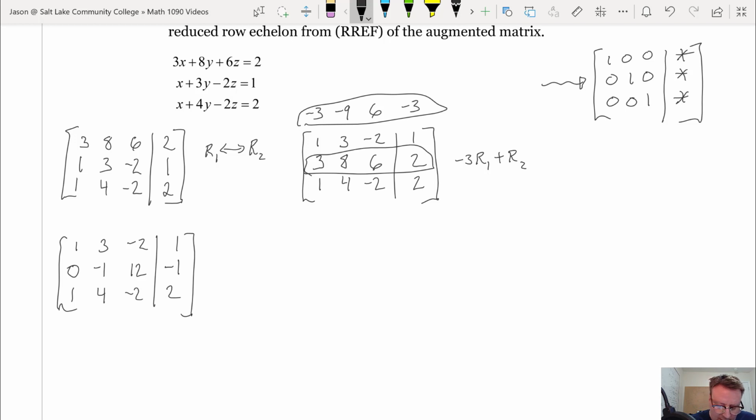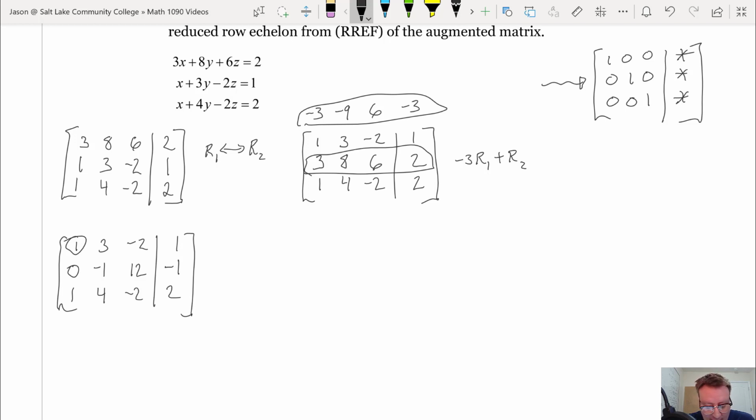Now, my next goal is I want to clear out this 4, and I want to clear out this 1. Here's an important little point when doing this. The sequence in which I do these operations matters. I need to make sure that I've cleared out everything below my pivot before I start moving on to clearing out elements below the diagonal in the second column.